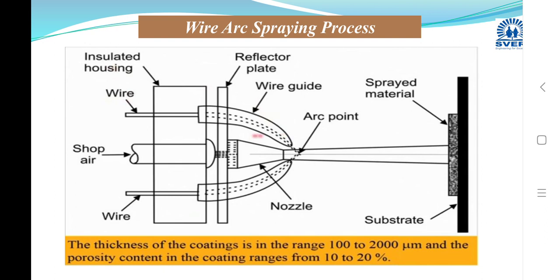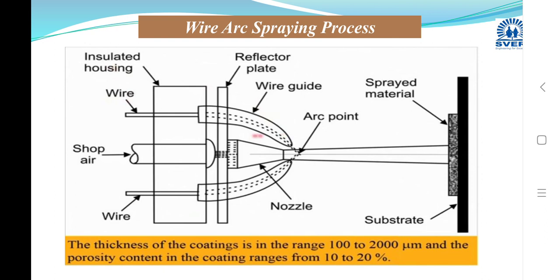So you have the DC power supply unit and two wires you feed, and then at the contact point you have the arc generation. You can see this in the diagram also. So you have two DC power supply units and the two wires you feed, and then at the point of contact you have arc generation.